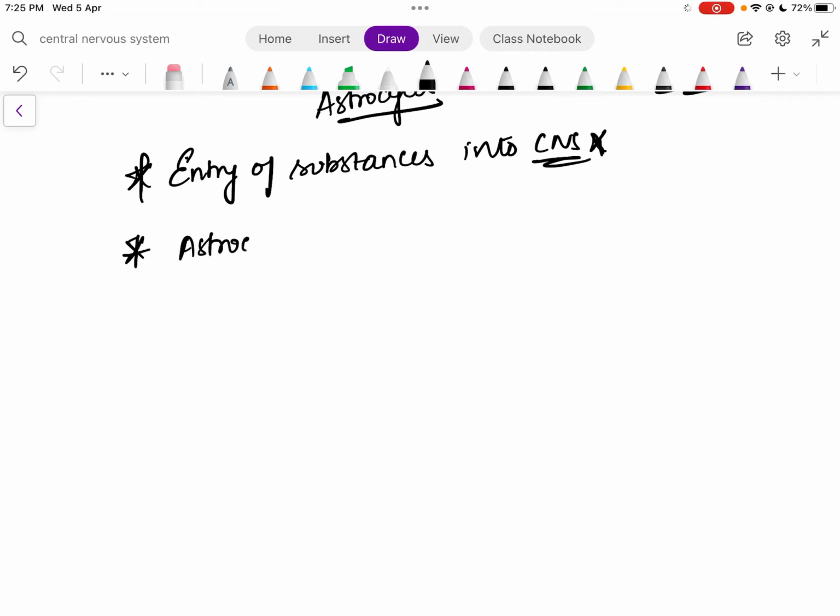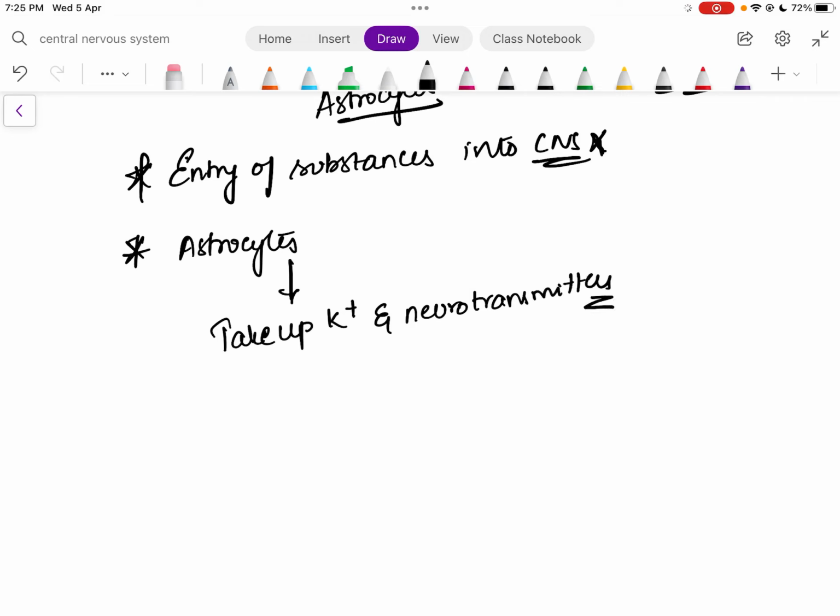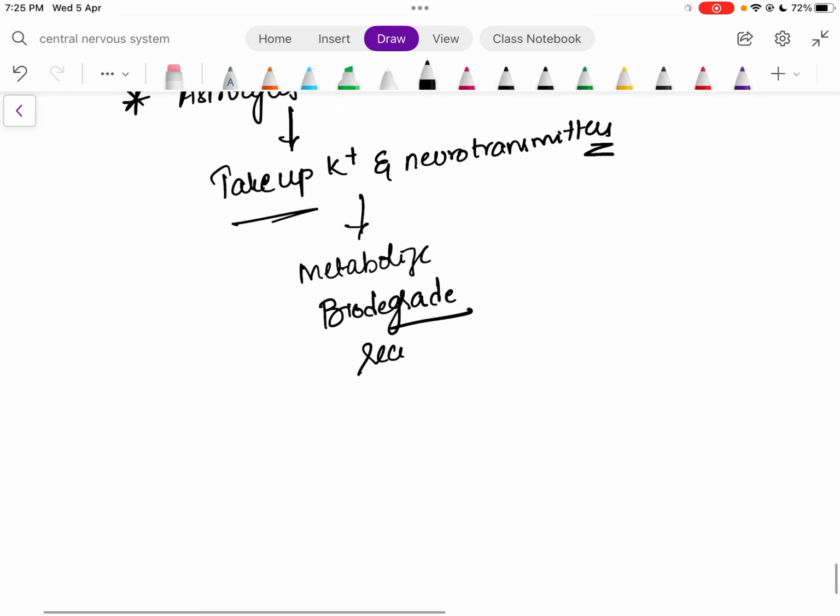And these astrocytes, what they'll do, they take up potassium and neurotransmitters into them, and they will metabolize and biodegrade them and recycle.